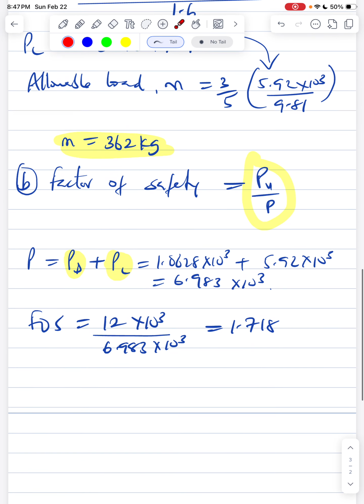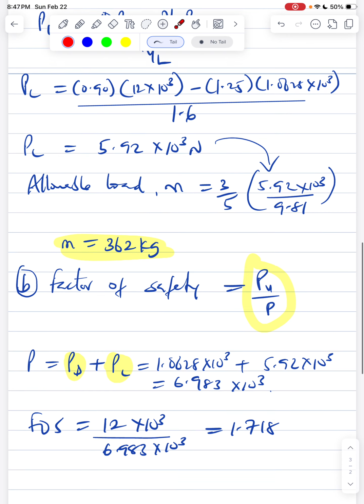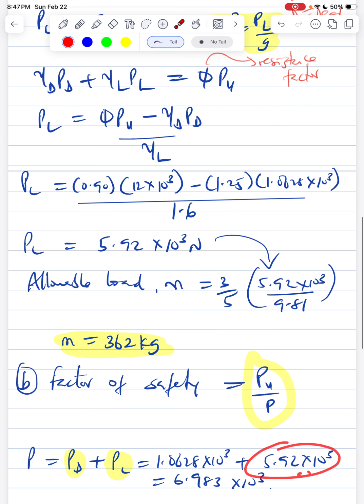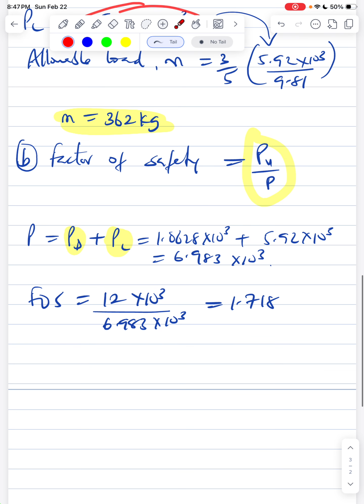Now for the live load here, we simply used our design formula. We made PL the subject of the formula, and that's how we came about this value here. So the total load would be the load due to the dead weight plus the live load.